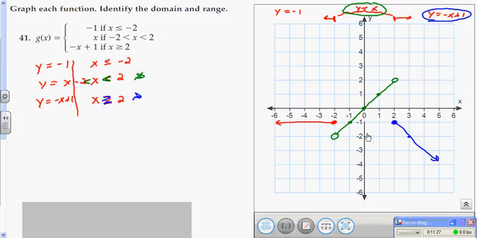And then this represents the piecewise function, where the domain, well, everything's covered: to the left or less than or equal to -2, between -2 and 2, and greater than or equal to 2. So it's all reals. The range, well, on the left side, it's only going to be -1.